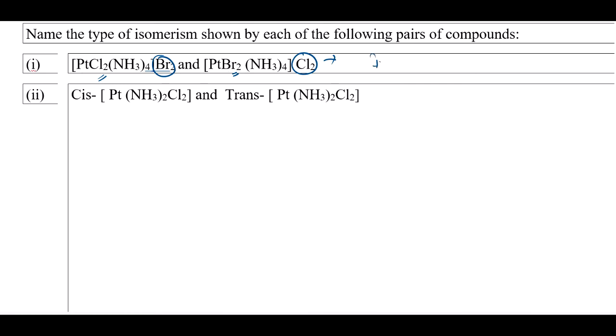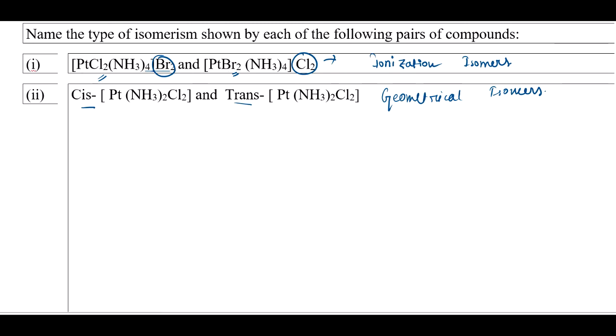So they are actually ionization isomers. Then we are having cis and trans. When cis and trans is clearly written, they will be geometrical isomers. And if there are two mirror images of cis, then that will be optical isomers.